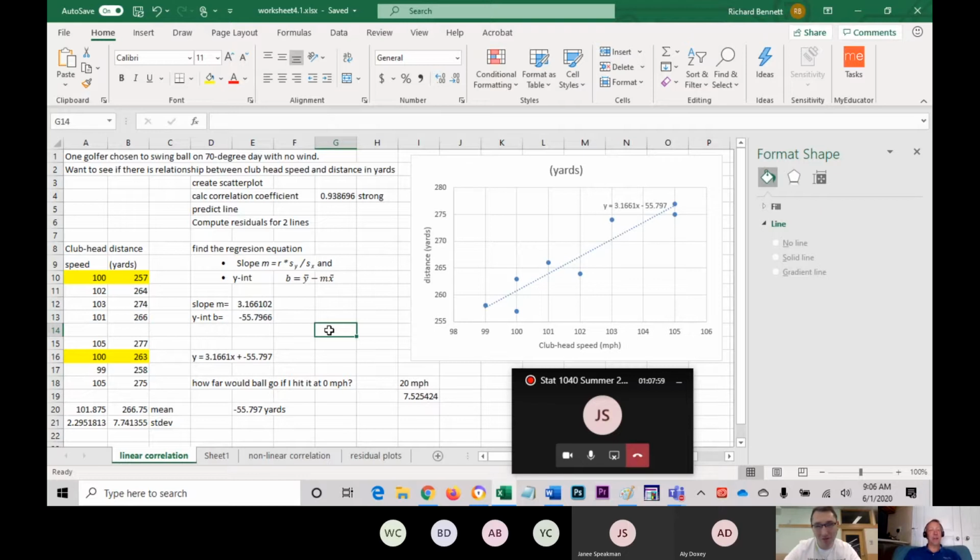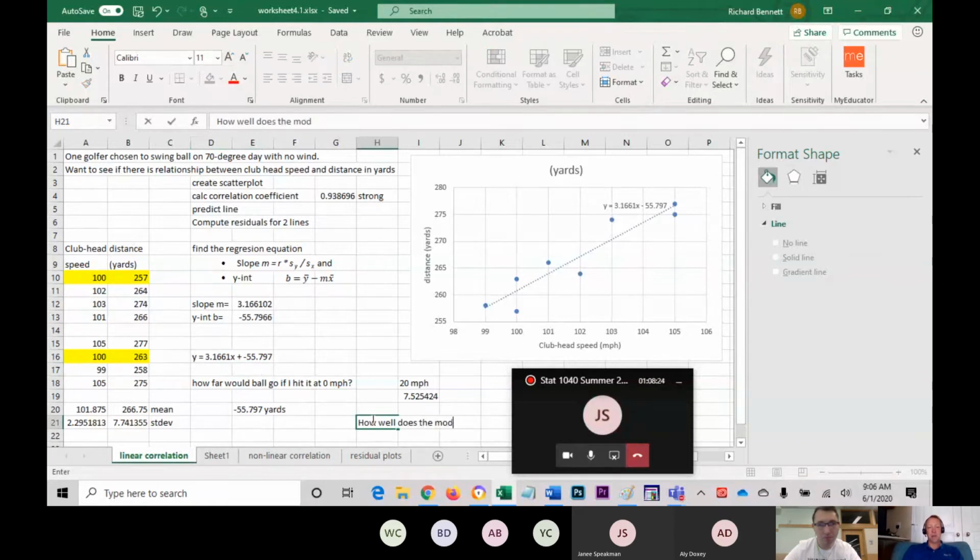So Allie had mentioned, you know how the ball hits the club, or it might hit a rock, or maybe there's a wind, or maybe there's a little soft patch, and so there's always going to be some variation that goes on here. And so one of the things that we can do is say how well the model fits the data, okay?